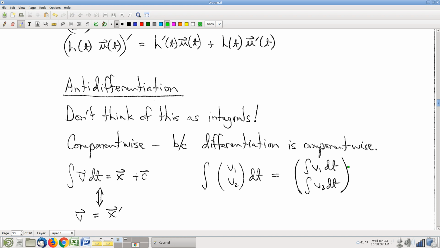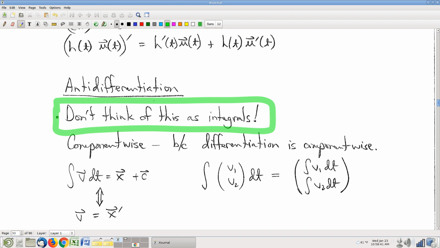I do want to warn y'all against a dangerous thing. A lot of, especially high school calculus classes, conflate the idea of the antiderivative with the idea of the integral. And I mean, I get the point of view, right? I mean, there's a really strong connection between antiderivatives and integrals.